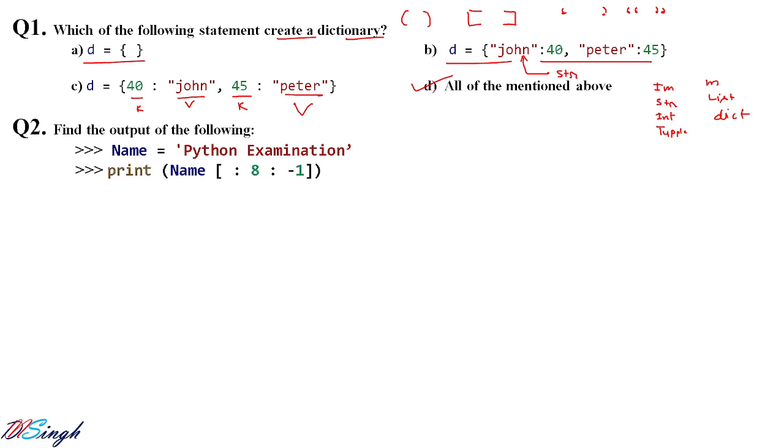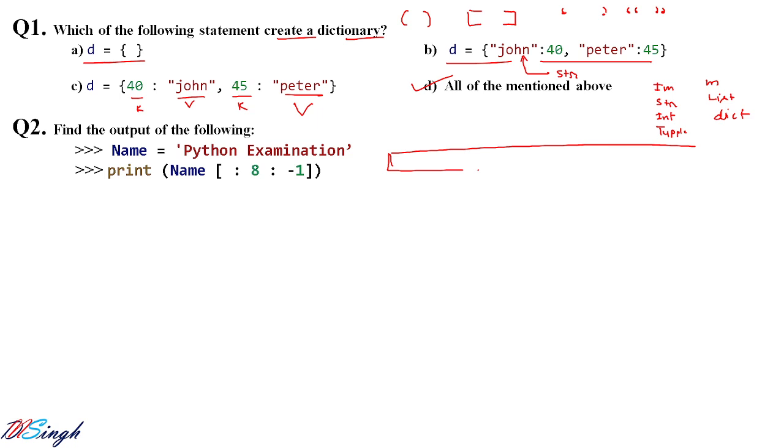Find the output of the following. This type of question you will definitely get in your final exam, where slicing needs to be done on any sequence. Here they have given a string, you might have some other sequence that may be a list or tuple.